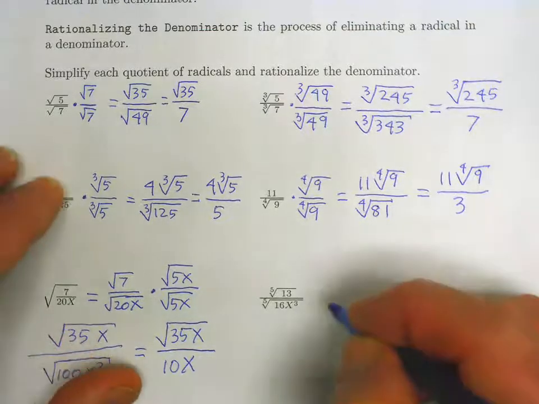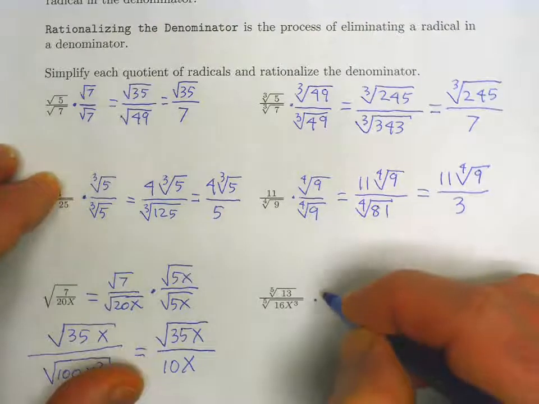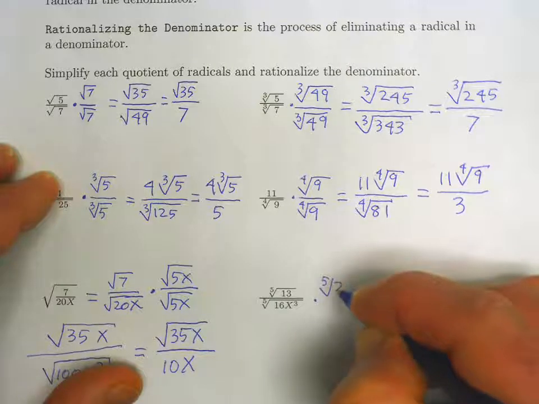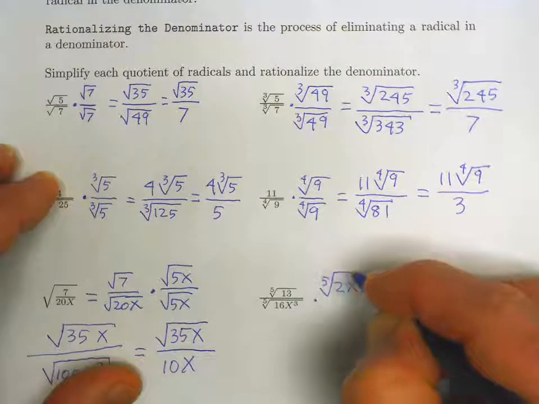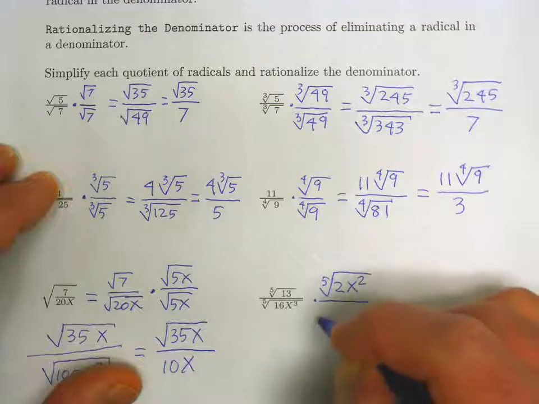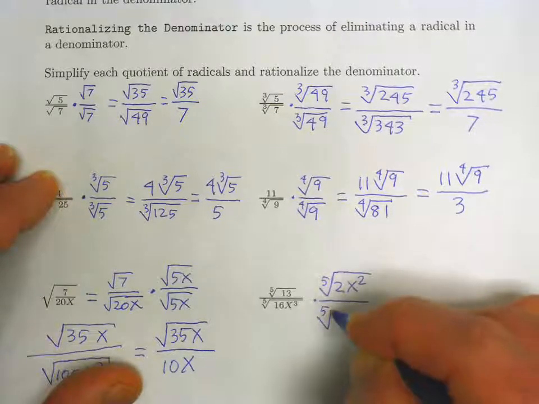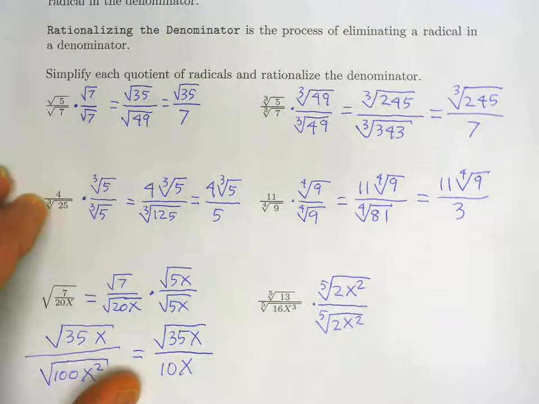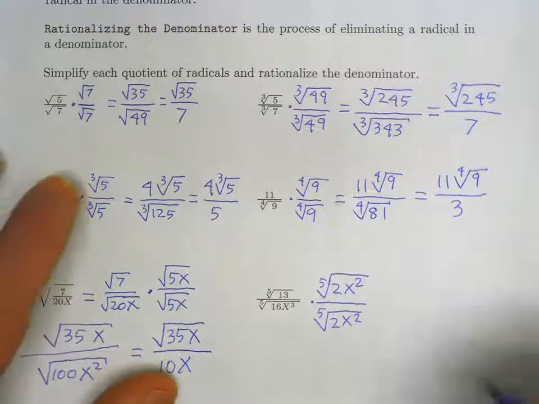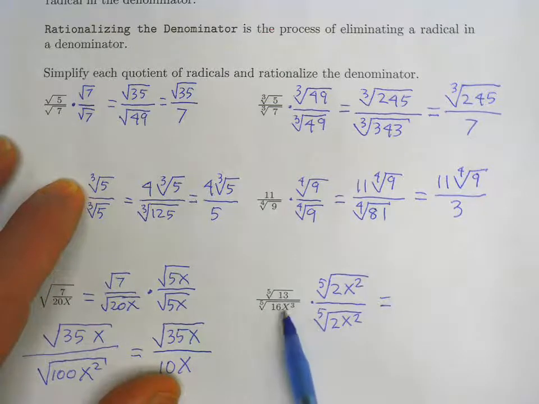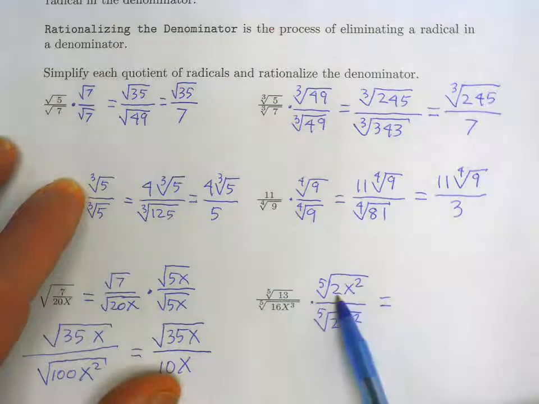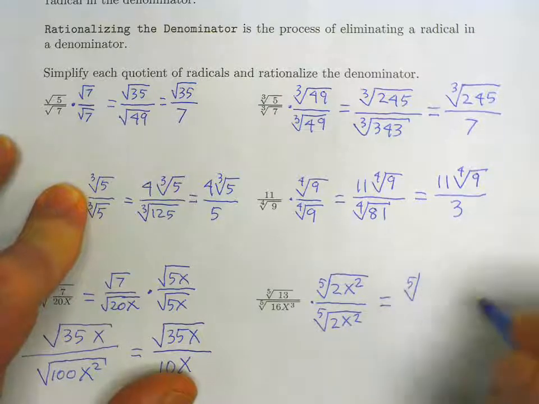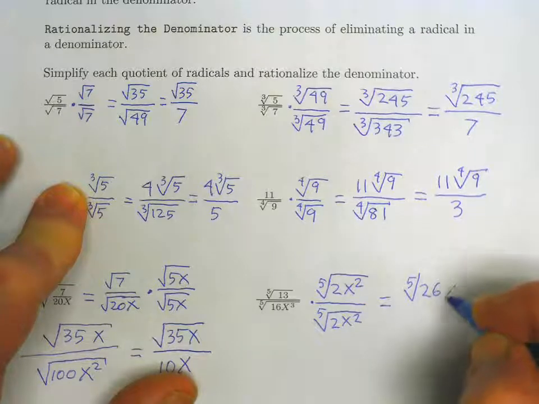So the form that one takes this time is the fifth root of 2x to the second divided by the fifth root of 2x to the second. We're just multiplying by 1. Okay, so in the numerator, the fifth root of 13 times the fifth root of 2x to the second is the fifth root of 26x to the second.